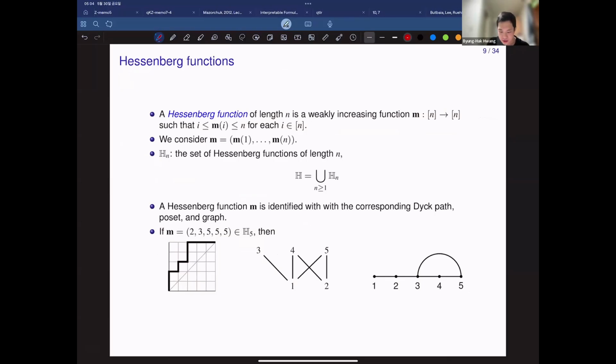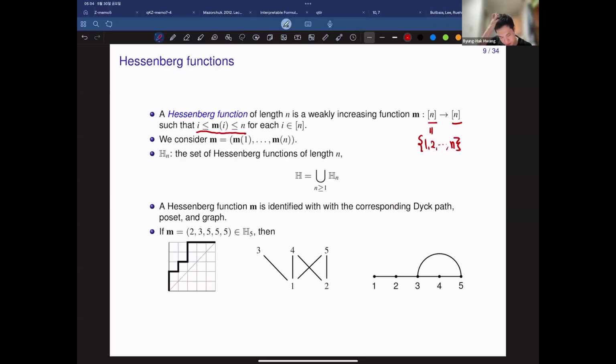There is an integer sequence called a Hessenberg function. A Hessenberg function of length n is a weakly increasing function from the set [n] to [n], where this set is 1, 2, ..., n, satisfying this inequality.